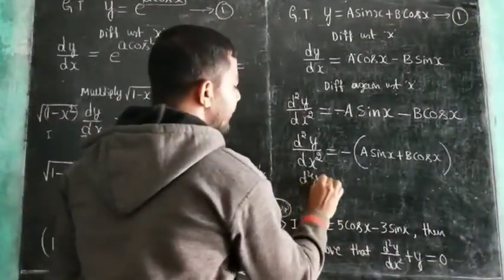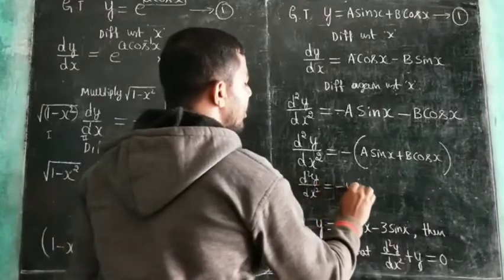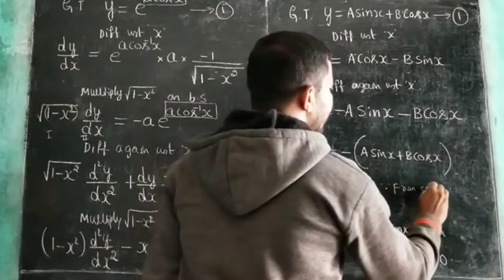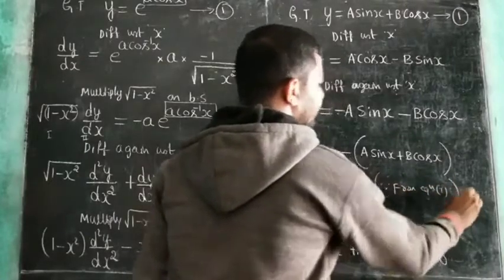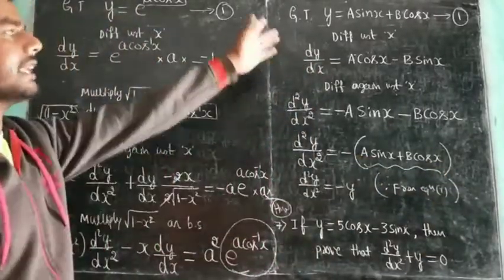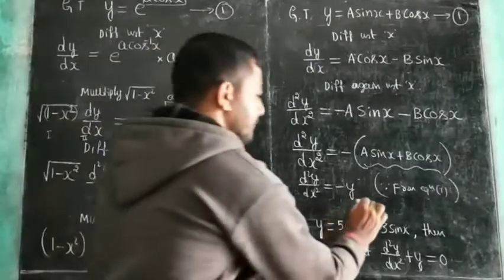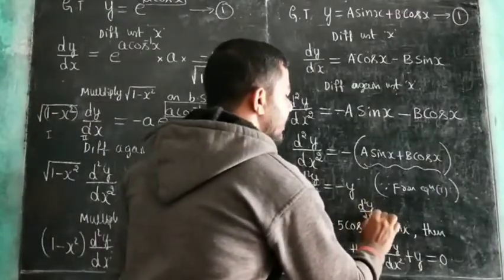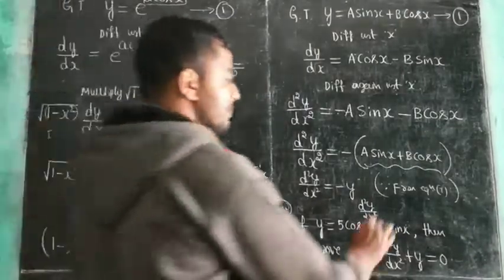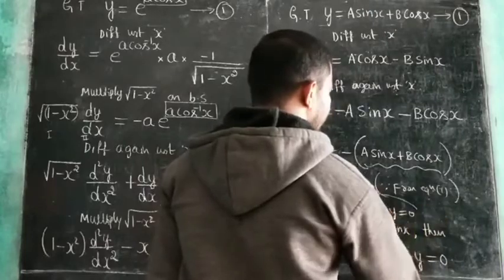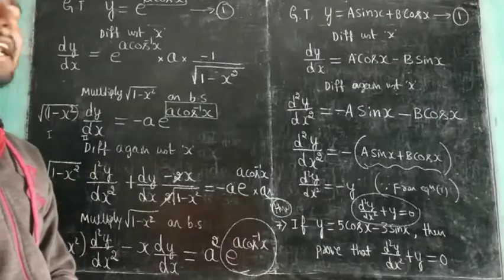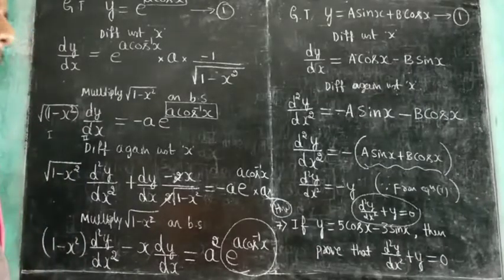So d square y divided by dx square is equal to minus y, because from equation 1 this value is called y as given. So finally, take minus y to the LHS, it becomes plus y is equal to 0. The final answer is d square y divided by dx square plus y is equal to 0.